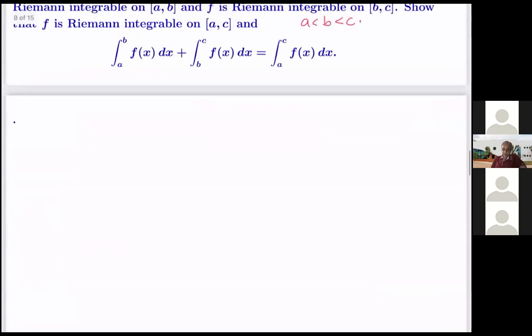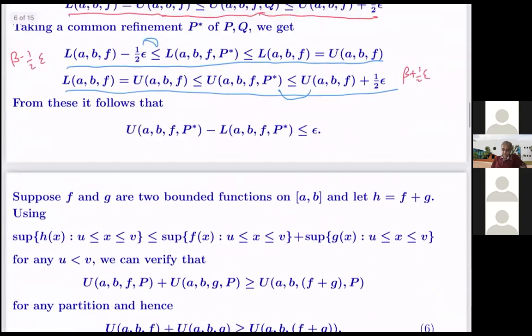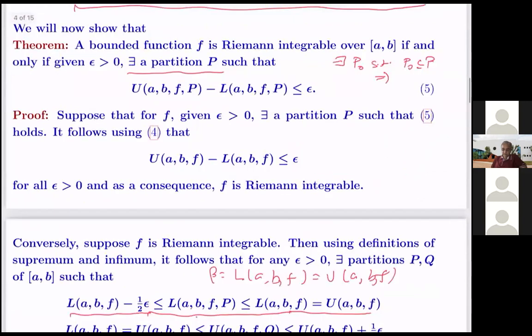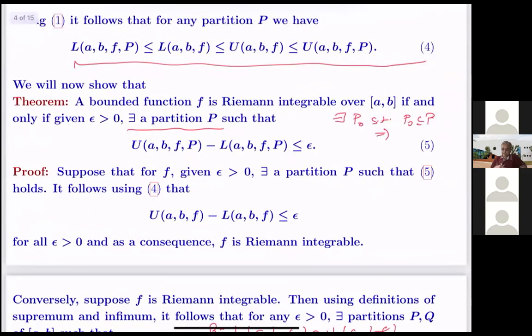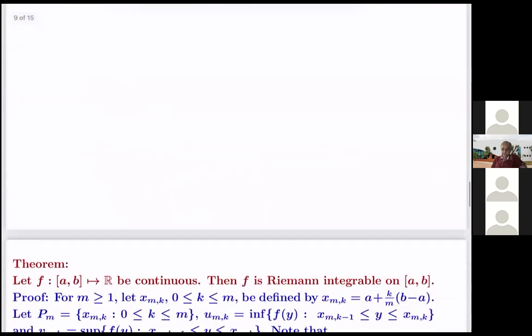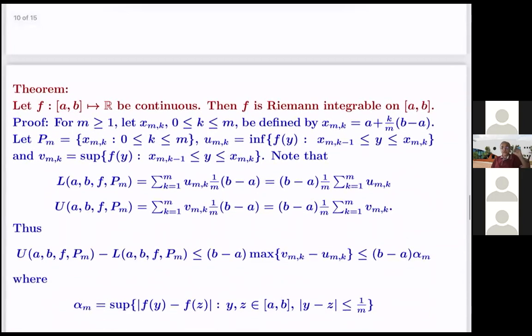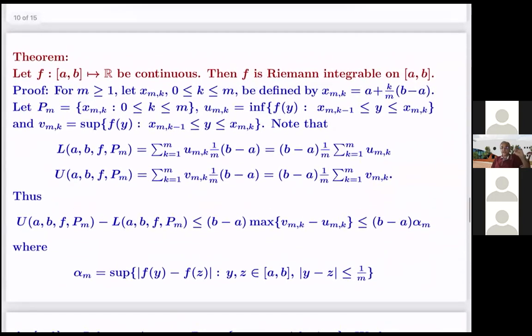And so one major theorem we did was this epsilon partition business. Given epsilon, there is a partition for Riemann integrability. And now our major result of the day is that if you have a continuous function on a bounded interval, it is Riemann integrable.